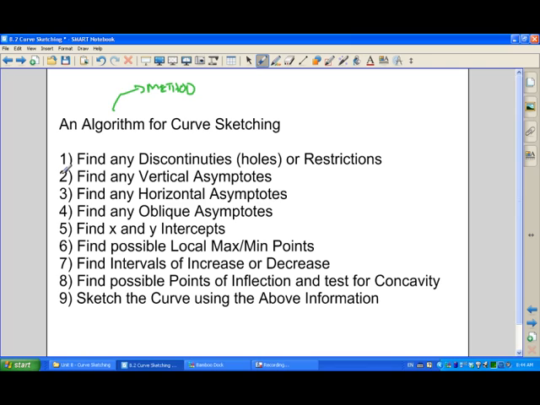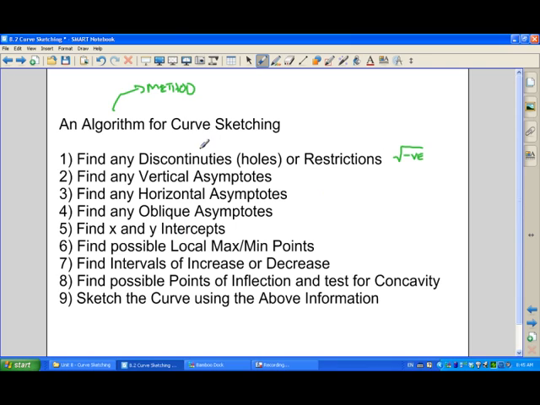So the first thing we'll do when we're sketching a curve is find any discontinuities or holes or restrictions. Okay, restrictions are things like the square root of a negative value. Next, we'll identify vertical asymptotes, horizontal asymptotes, or oblique asymptotes. Once we've done these 4 things, then we can look at finding the x and the y intercepts.